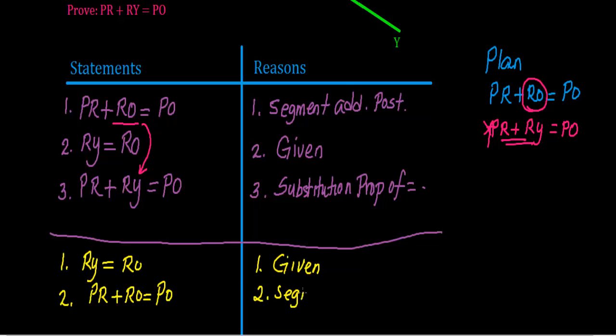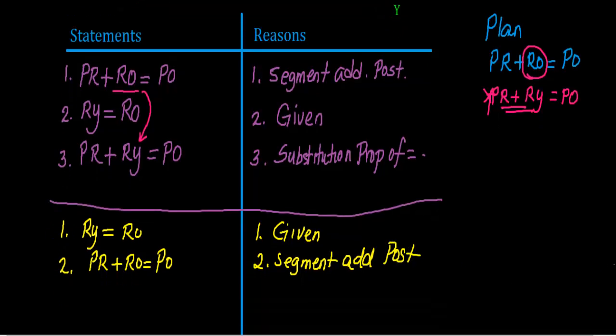And then you could have, as your third step, written that same segment addition postulate, but substituting RY for RO, and providing the evidence that you used the substitution property of equality.